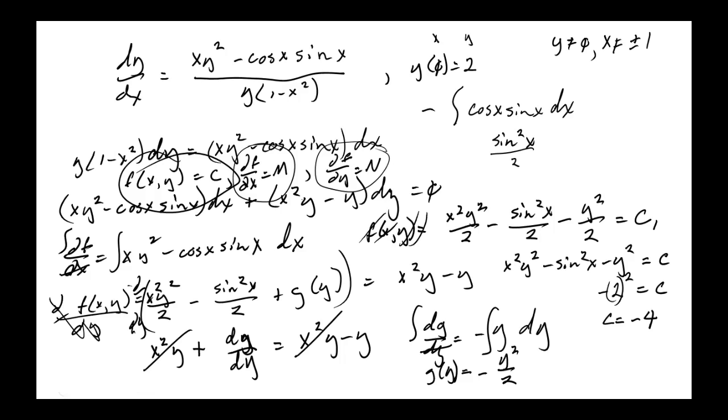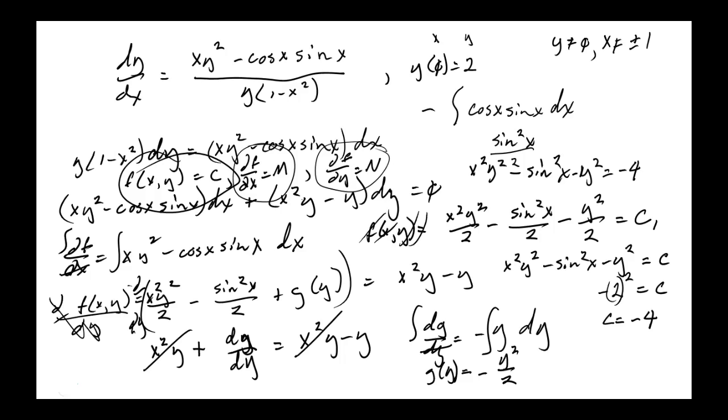Now, our solution is x squared y squared minus sine squared x minus y squared is equal to negative 4. Or you could do a plus 4 and have it equal 0. But that's our solution. Okay.